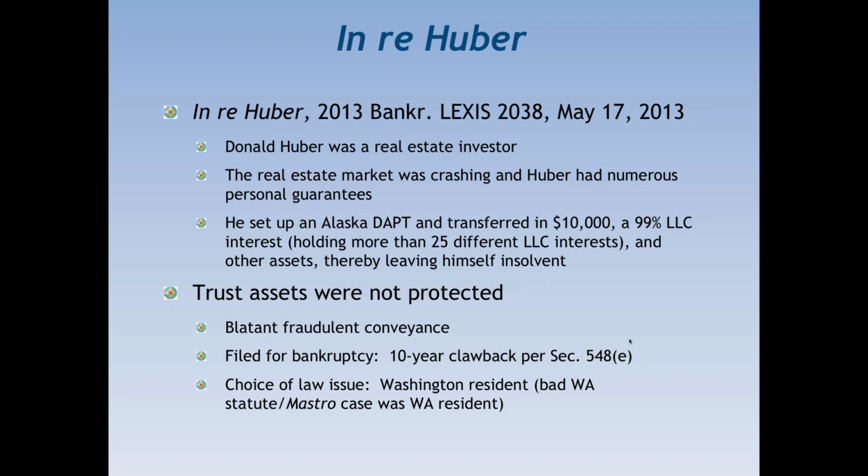He set it up too late, which is one of the problems, because he was becoming insolvent and wanted to save his assets, but he didn't do it proactively. So it was a blatant fraudulent conveyance. The bankruptcy court was able to undo that transfer, and he was not an Alaska resident.